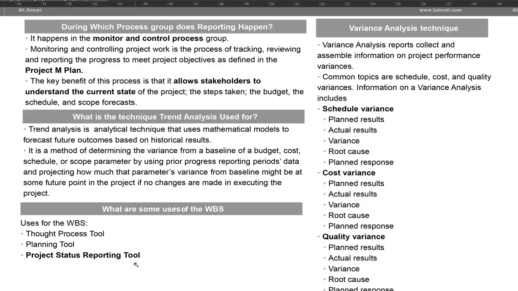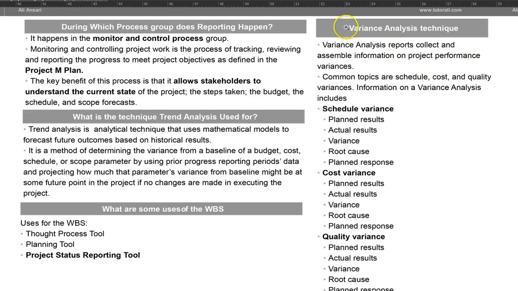We can take a look at it and identify where we are at during this stage of the project, how much we have completed, how much we still need to finish, what variation, if any, there is from the project, and even calculate the estimate to completion and any earned value calculations.